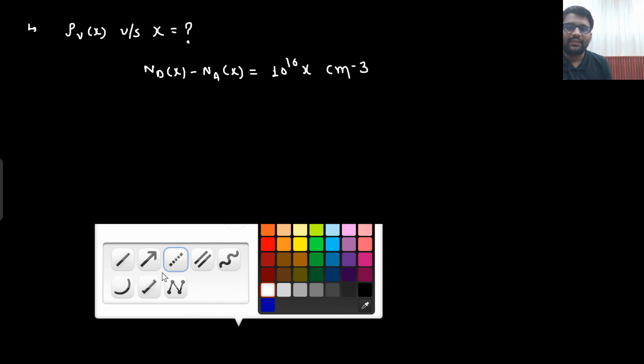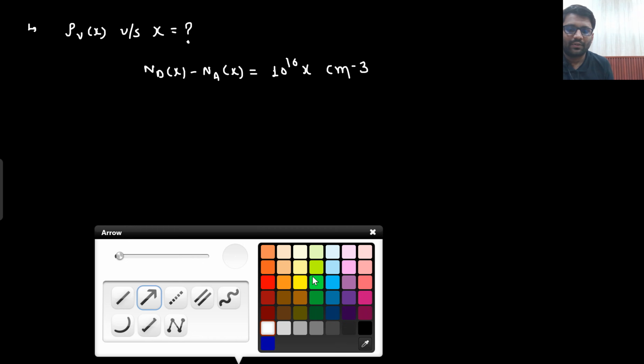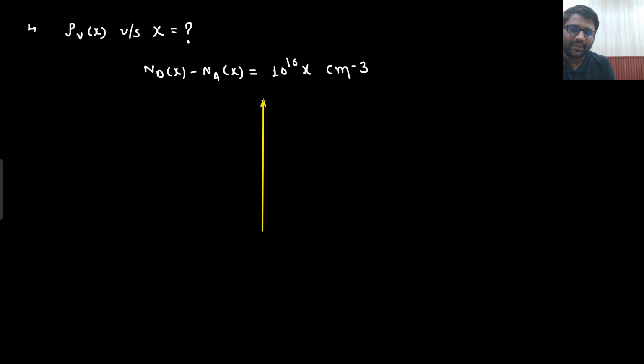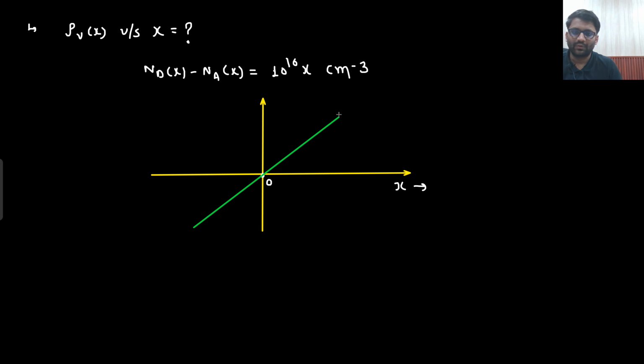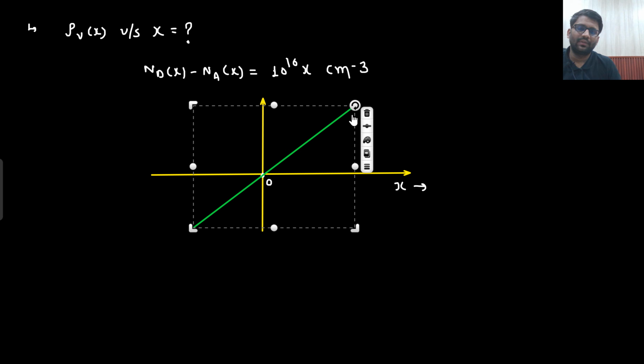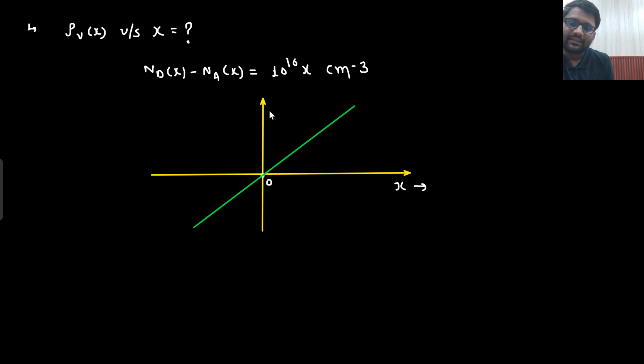That means my plot of Nd(x) minus Na(x), this point I am calling x equals 0. So my plot would look something like this. This is my plot of Nd(x) minus Na(x).